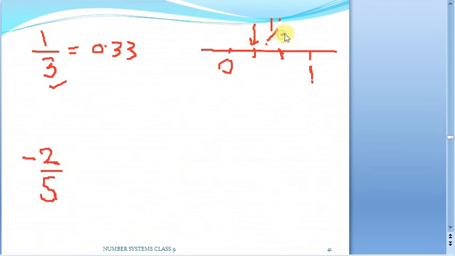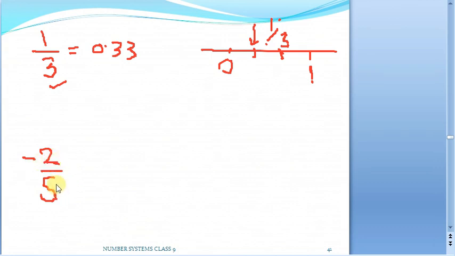So remember, whenever we are given the rational form, this is the way we have to proceed. First we need to see whether the given rational form is proper or improper. If it is proper, it will always lie between 0 and 1. Suppose there is a negative sign in front of this proper one, as in this case, this is minus 2 by 5.